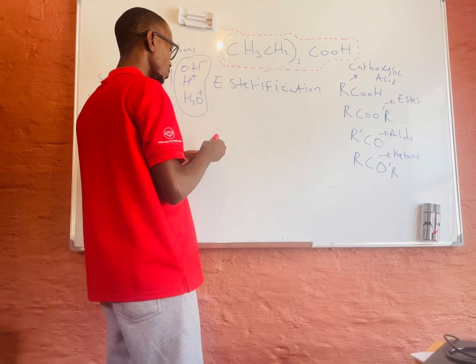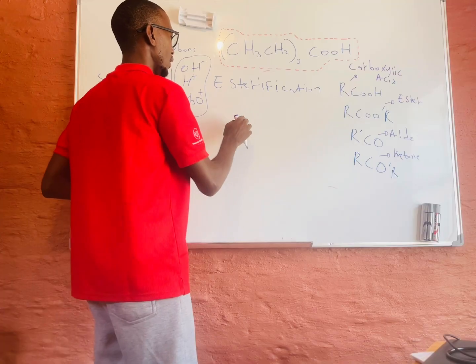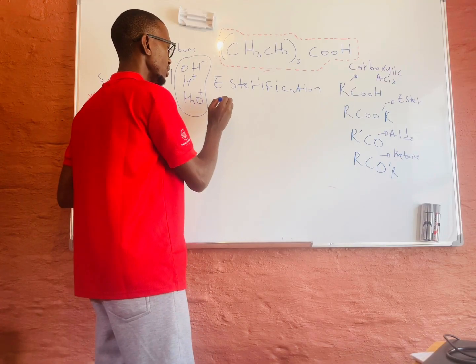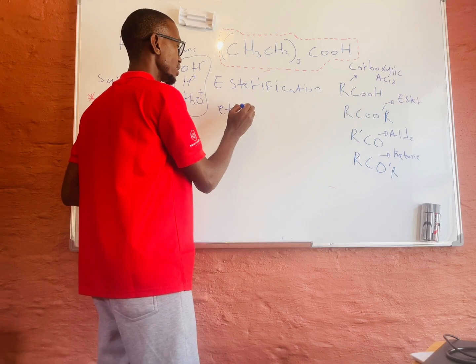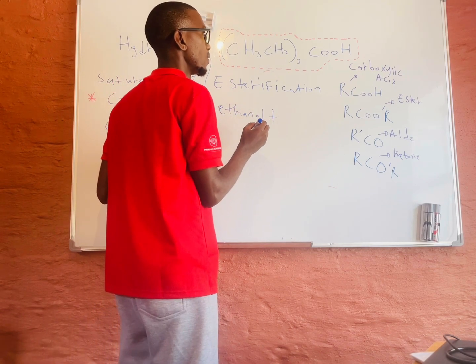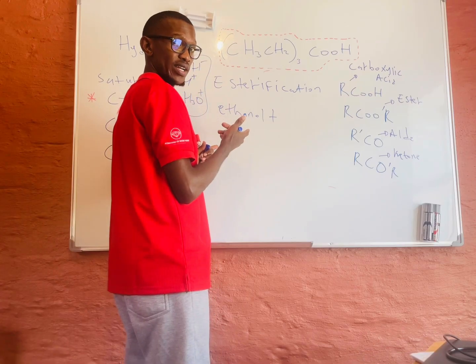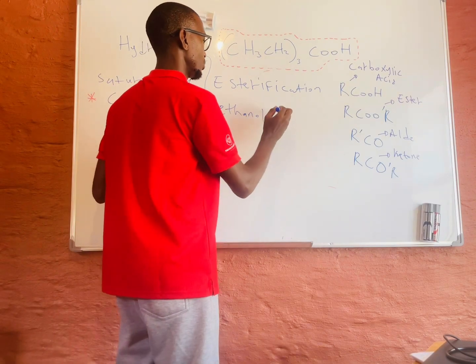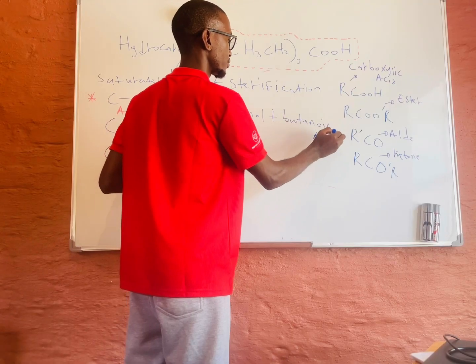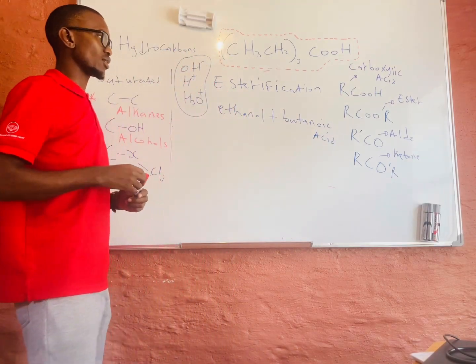So now let's quickly go to that ester product. How do you form it? If we have ethanol plus butanoic acid, let's just do this one as our last problem.